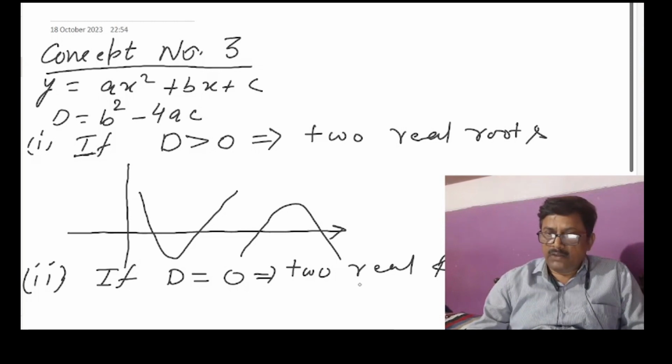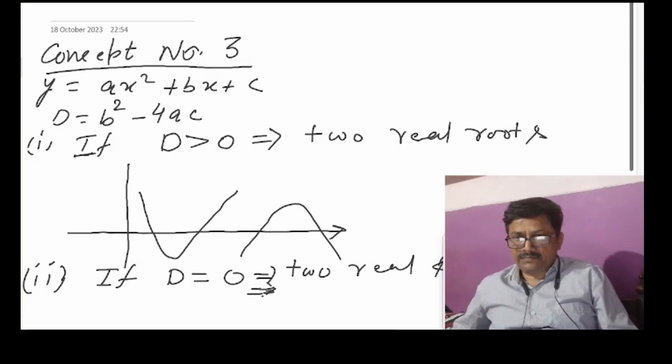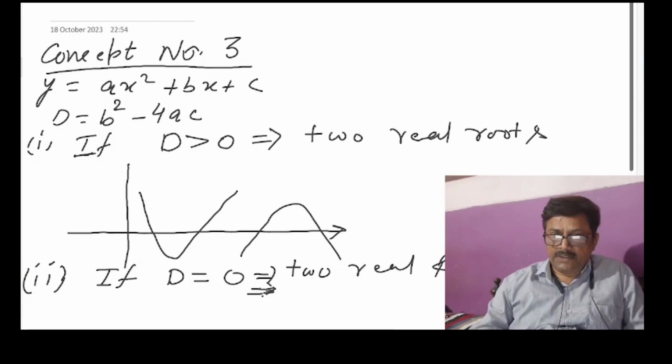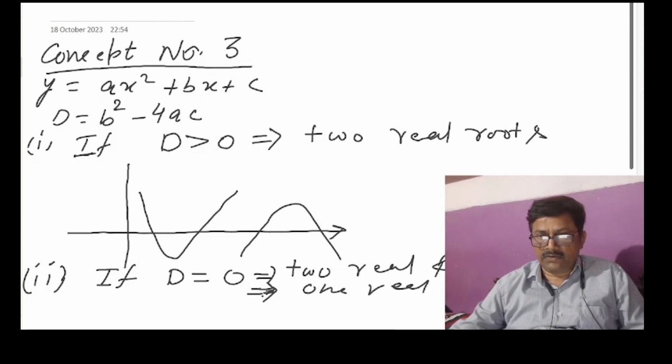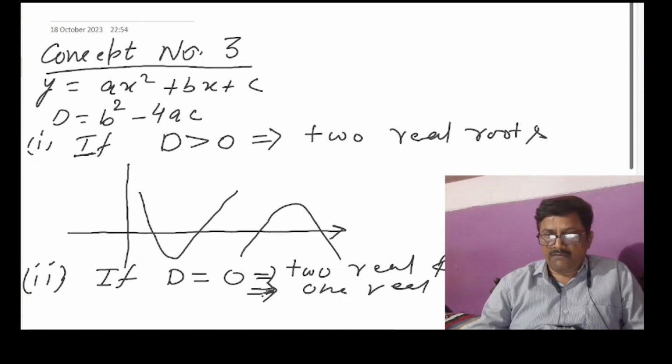Two real and equal: if two things are equal, then they are not two. Actually, in reality, they are only one. It means only one real root. So there is only one value of x for which this quadratic will be 0. Correct?